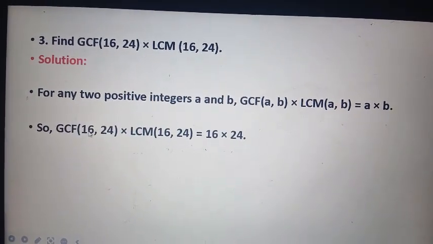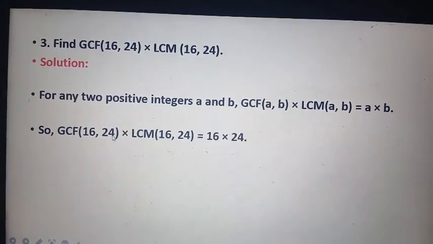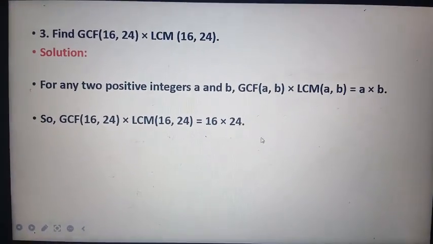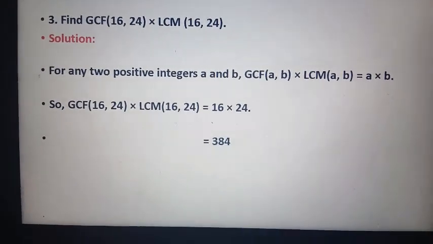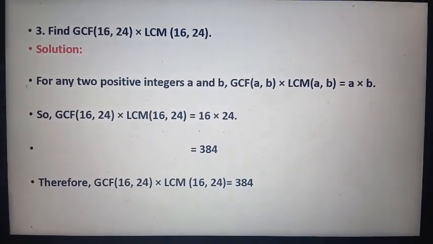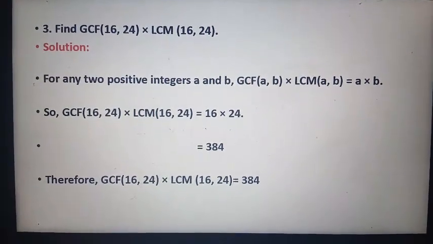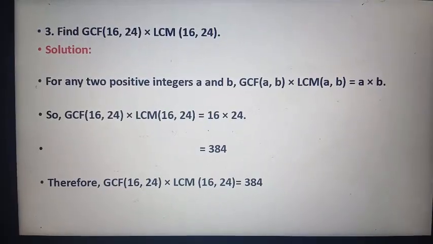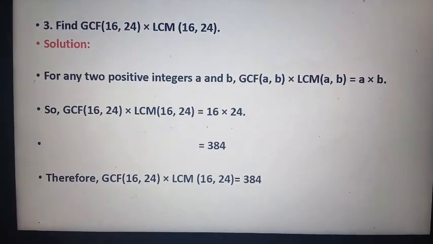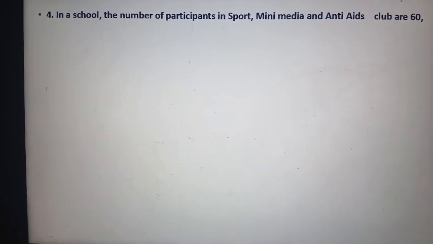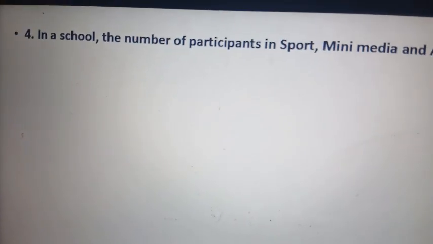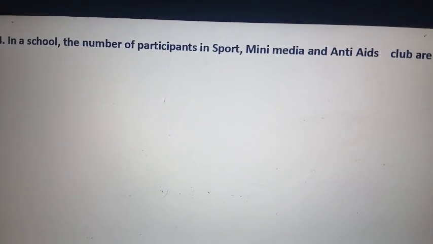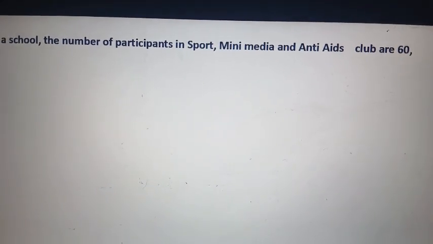Therefore, the GCF of 16 and 24 times the LCM of 16 and 24 is simply 16 times 24. 16 times 24 is 384.